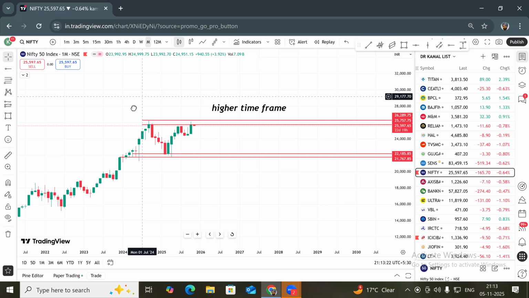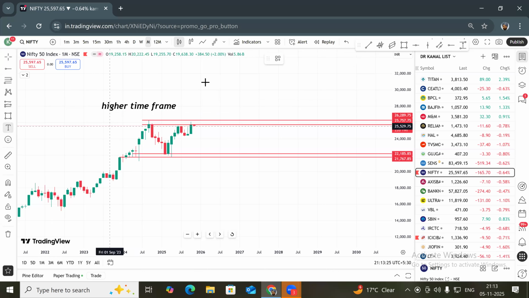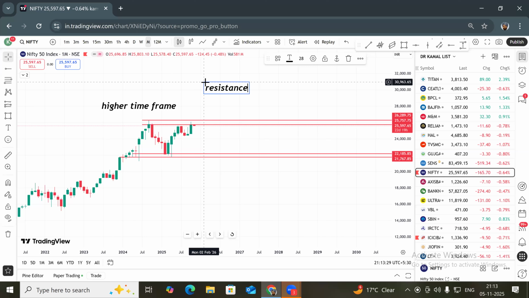When you are marking resistance, highest point and highest close. This should be multiple, at least 2 or 3. Even on higher time frame, it should be at least 2 or 3.